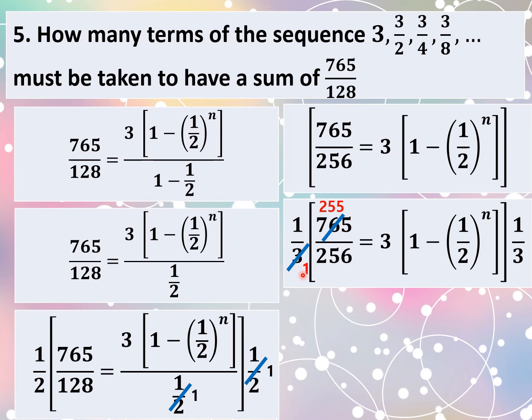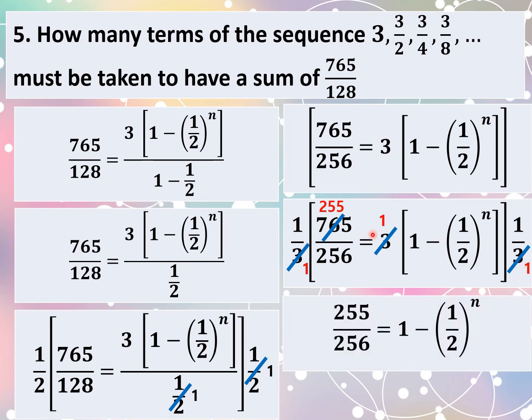So, 3 divided by 3 is 1. 765 divided by 3 is 255. Dito naman sa right side, makakancel na natin yung 3 dito at yung denominator dito na 3. And then next, we have now 255 over 256 is equal to 1 minus 1 half raised to n.